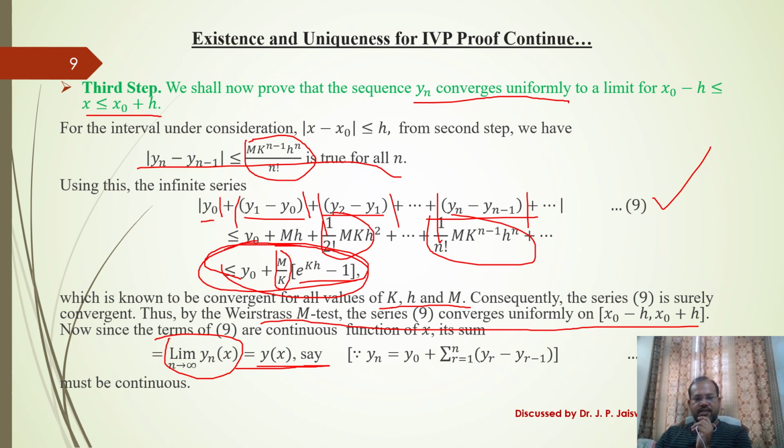Because yn(x) is nothing but the summation of this series: y0 plus the differences, and if you expand this, each term will cancel. When you take n tending to infinity, the right side becomes the infinite series. So this is the limit as n tends to infinity of yn(x), and I am saying this sum is y(x). So since each term is continuous and yn(x) converges uniformly to y(x), y(x) must be continuous.